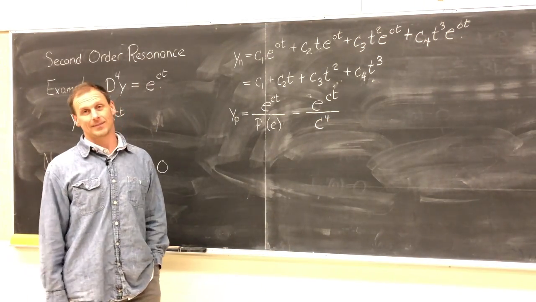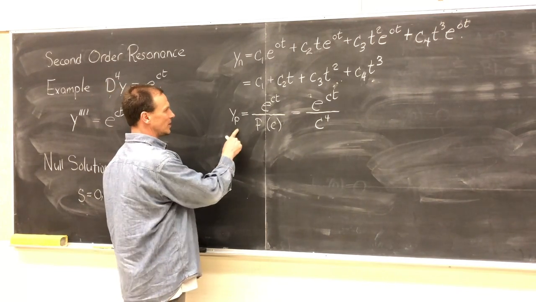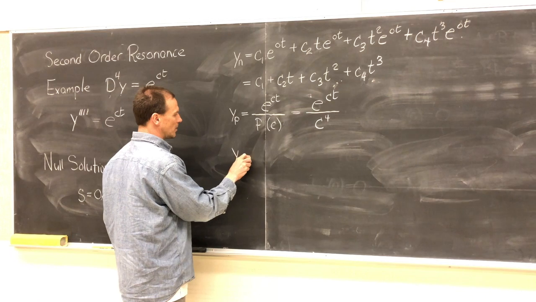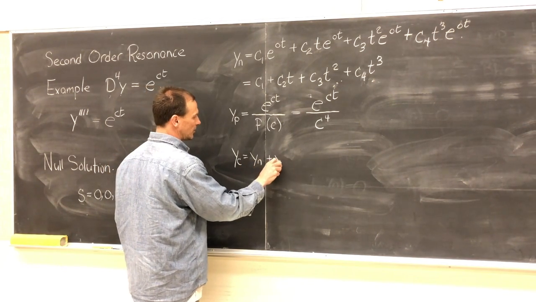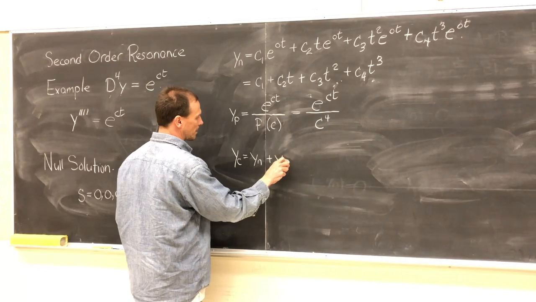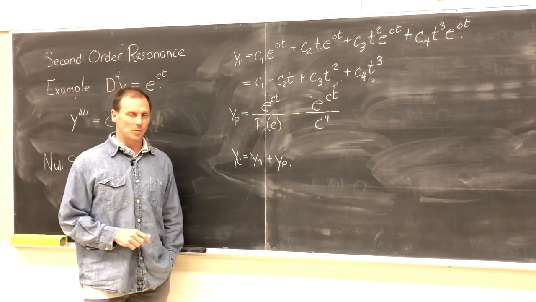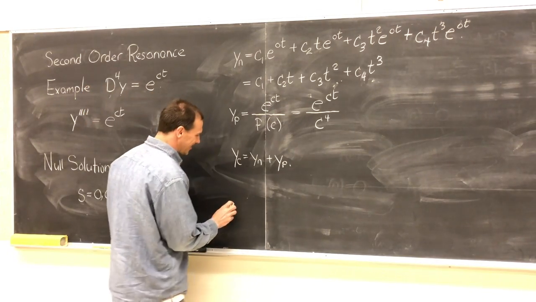We can write y null plus y particular; that would be our y complete. So our complete solution would be the null solution plus the particular solution.